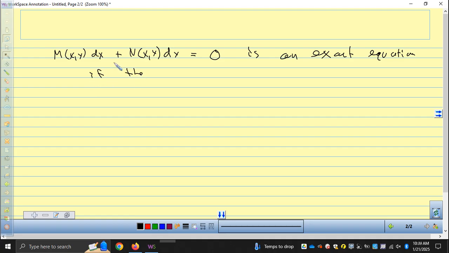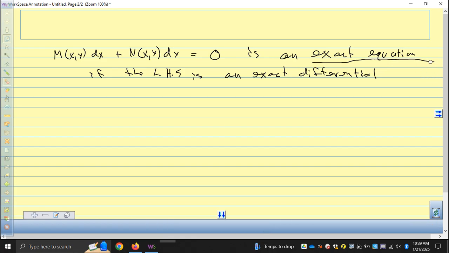if our left-hand side is an exact differential. So if we have an exact equation, this is the partial of some function with respect to x. This is the partial of some function with respect to y. How do we tell if it's exact?